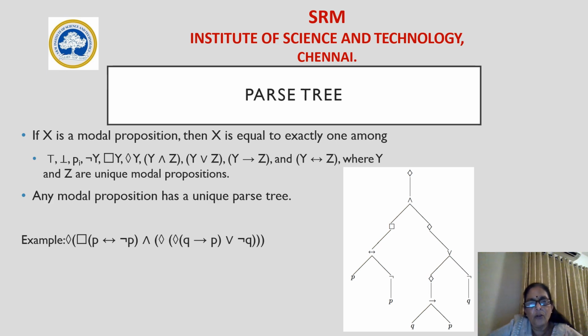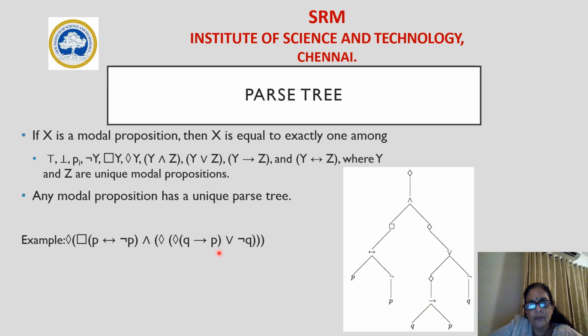Similarly, if we move on to the right hand side of the conjunction, the outermost one is the box, and then you have a parenthesis. If we remove this parenthesis, we have the disjunction present.